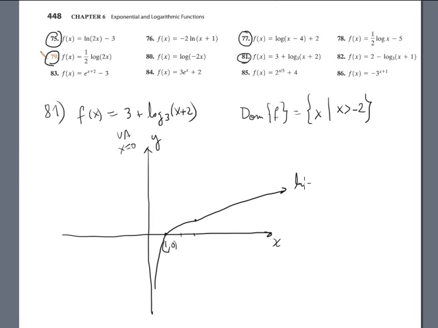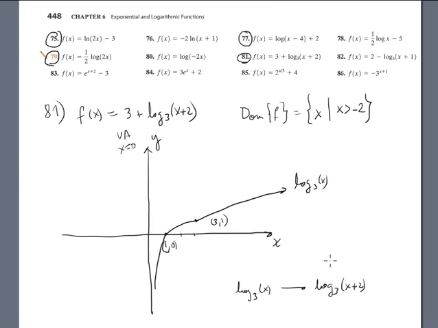This is logarithm base 3 of x. Now this point is (3,1). Now transformation number 1 is logarithm base 3 of x transformed to logarithm base 3 of x plus 2.